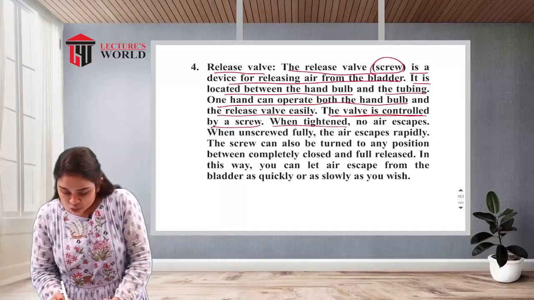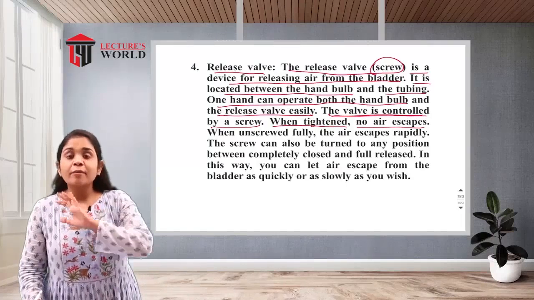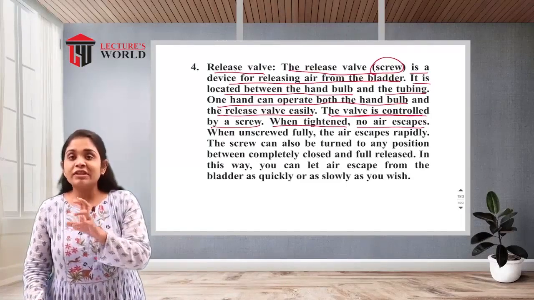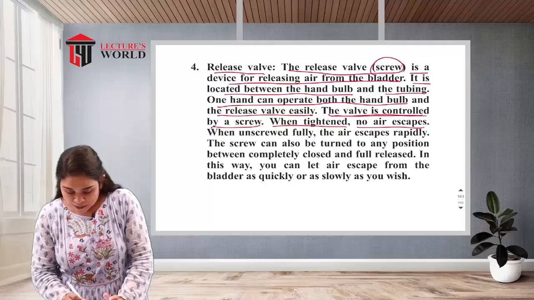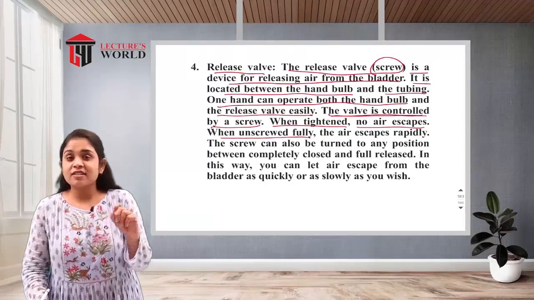When it is tightened, no air escapes. When this screw is tight enough, no air will be discharged from the BP cuff. When it is unscrewed fully, or loosened, the air escapes rapidly.